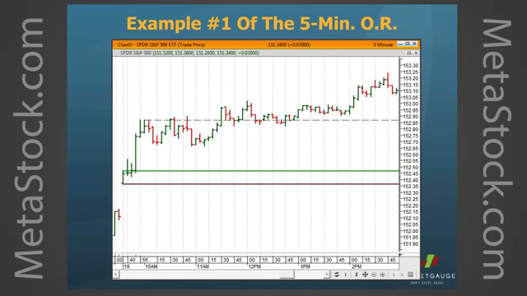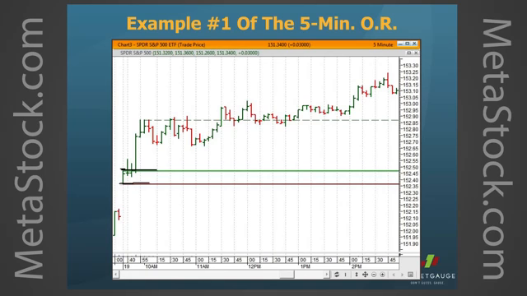But an equally powerful opening range is the first 5 minutes of the day. Again, we're looking at a 5-minute chart, and it is exactly what it sounds like: the 5-minute opening range is determined by the 5-minute high and the 5-minute low. We'll look at them for different strategies, but those are the two primary opening ranges that I'll look at.